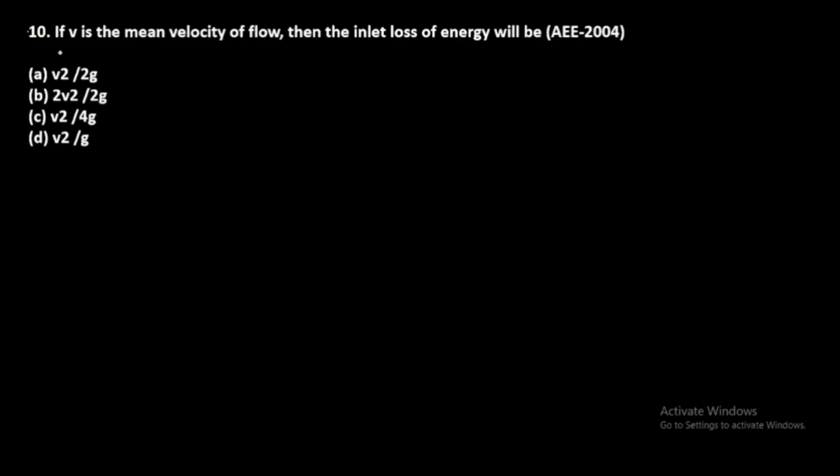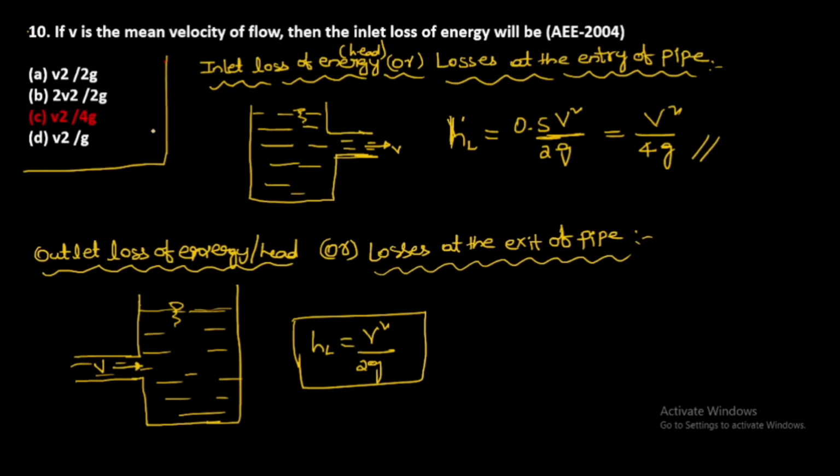Next question. If V is the mean velocity of flow, then the inlet loss of energy or loss of head will be option C, V square by 4G. What he is asking is the inlet loss of energy or head.